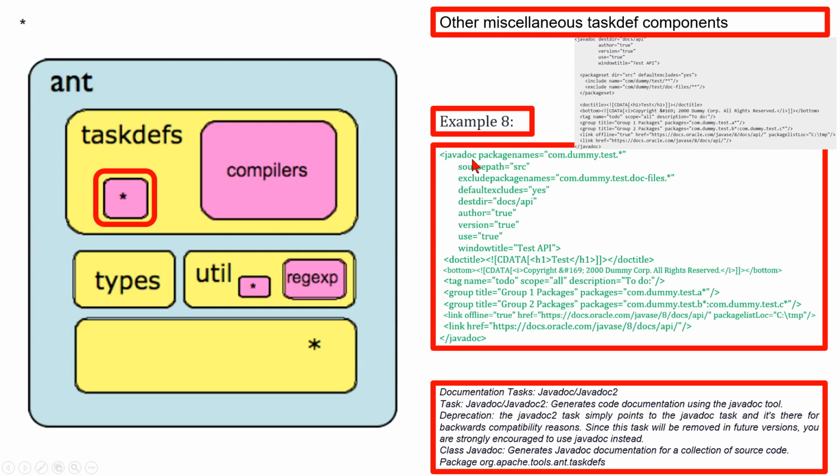Since this task will be removed in future versions, you are strongly encouraged to use Javadoc instead. With regarding API, class Javadoc generates a Javadoc documentation for a collection of source code. This is in the package org.apache.tools.and.taskdefs.